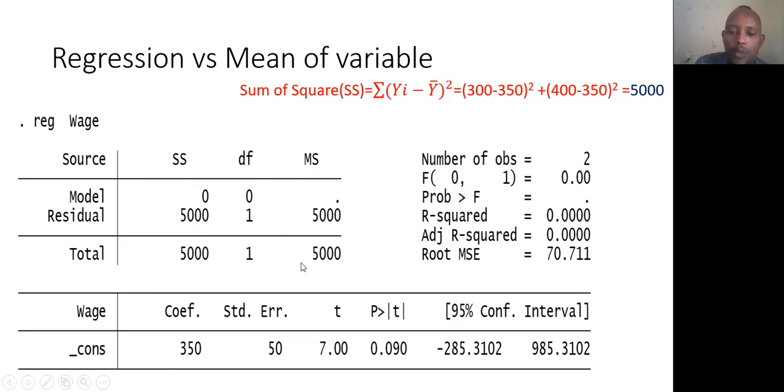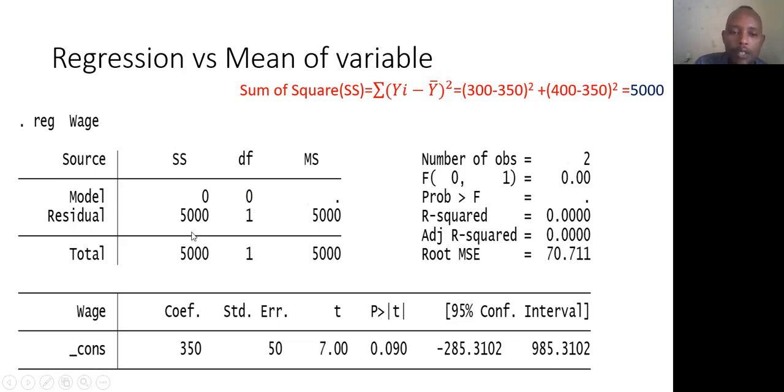That means 2 minus 1, which is 1. And the degree of freedom of the residual is simply n minus 1 minus the number of independent variables. Here, that gives us 1.